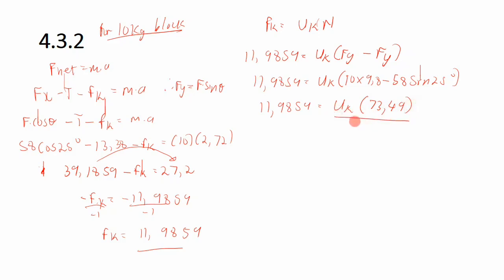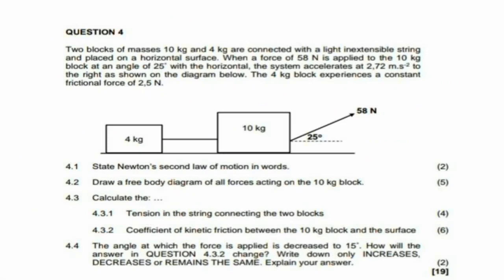Then we can divide both sides by 73.49, and then our mu k becomes 0.16.